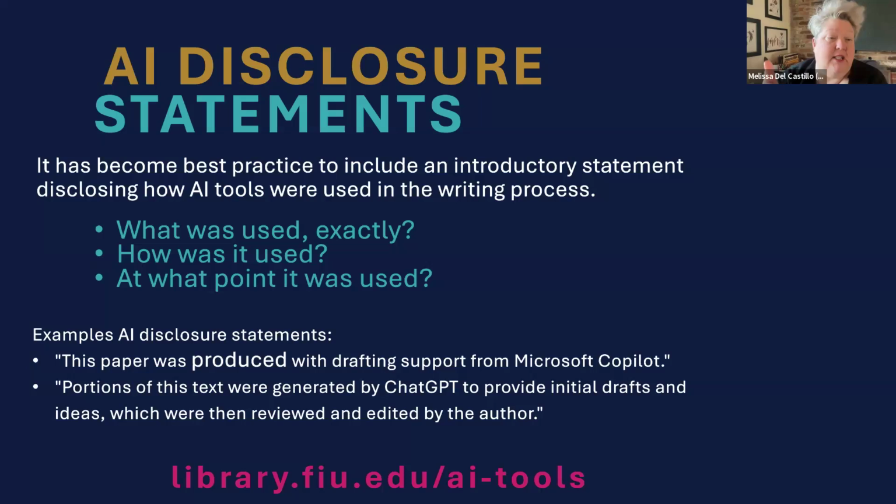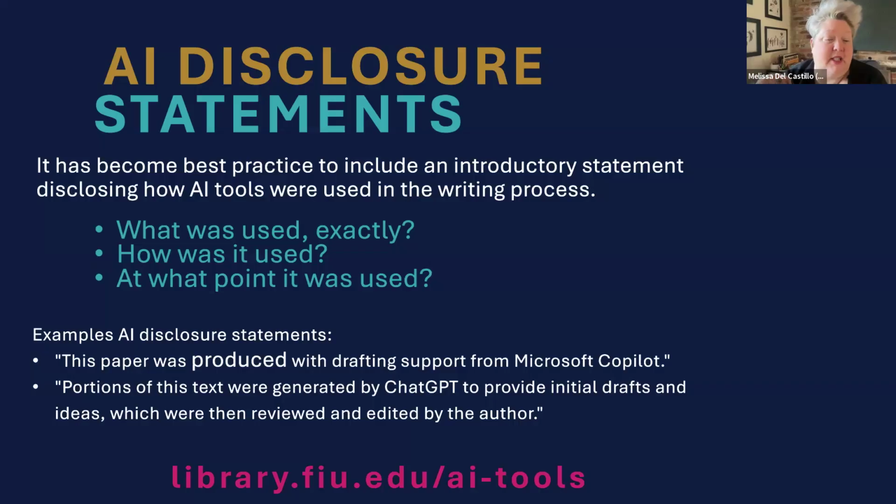That also gives an insight into, you did not use this to create the final product, the final output. You used it to help you draft, and then you were, as a human, going in, interacting with the text, using your skills as a scholar to transform the content into your own.